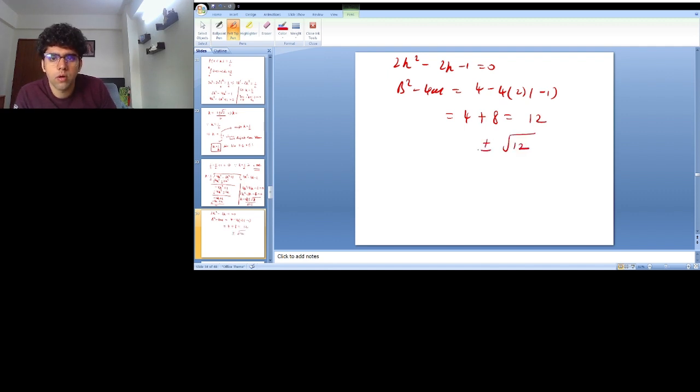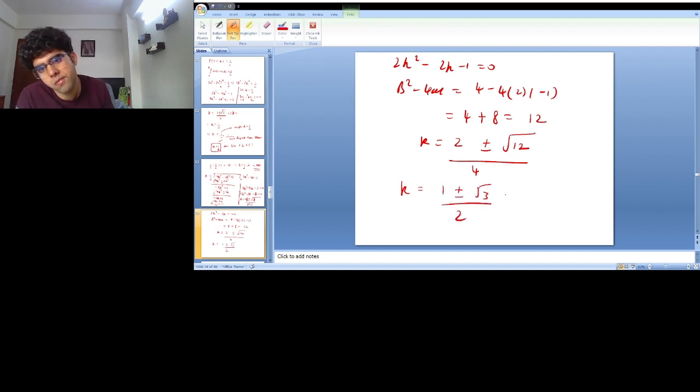So my other two roots are 2 into 2 is 4. So 3 into 4, so 4 can come out, so 2 will be coming out of the root. So if I just take 2 and divide it from the numerator and denominator, I'll be getting 1 plus minus root 3 by 2, right?